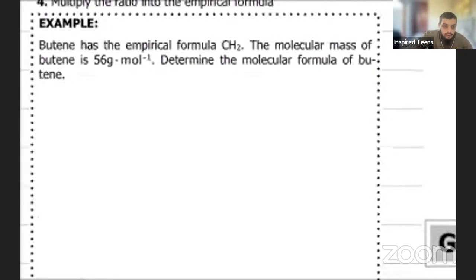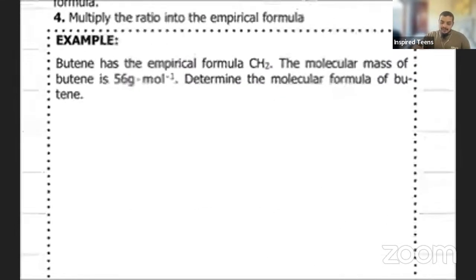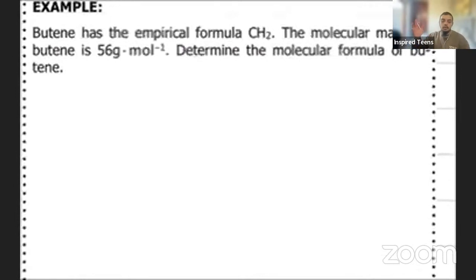Butene has the empirical formula CH2. The molecular mass of butene is 56 grams per mole. Determine the molecular formula of butene. Butene has the empirical formula of CH2. What you are essentially doing when converting from empirical formula to molecular formula is comparing molar masses.